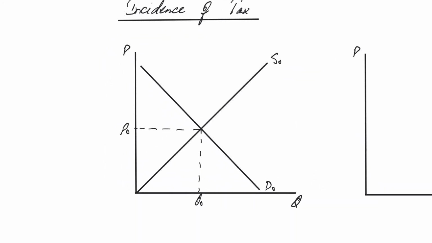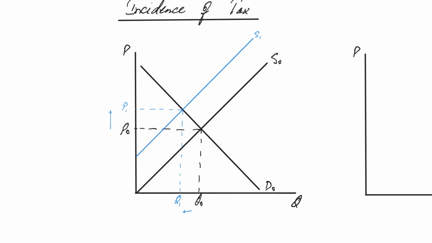Now an indirect tax has been imposed. So as we just did, whatever the tax is, we're going to shift the supply curve upwards by the tax rate, or shift to the left. We have a new equilibrium price and the quantity shifts to the left.